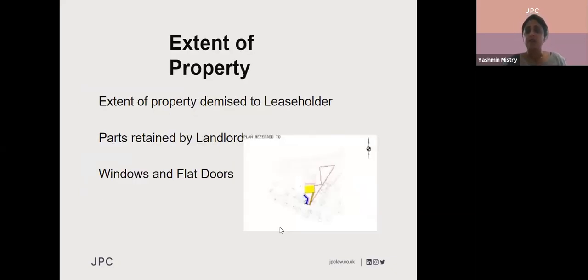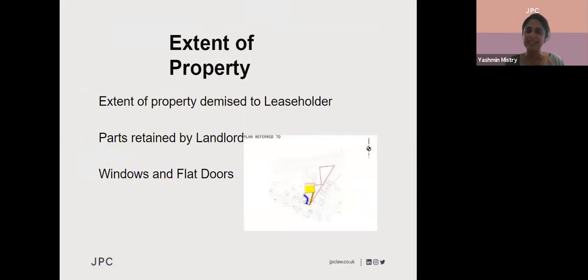Extent of property. The lease should define the extent of property which has been demised, one, to the leaseholder, and two, the parts that are retained by the landlord under the terms of the lease. The most common areas I'm approached with questions about are windows, flat doors and balconies.